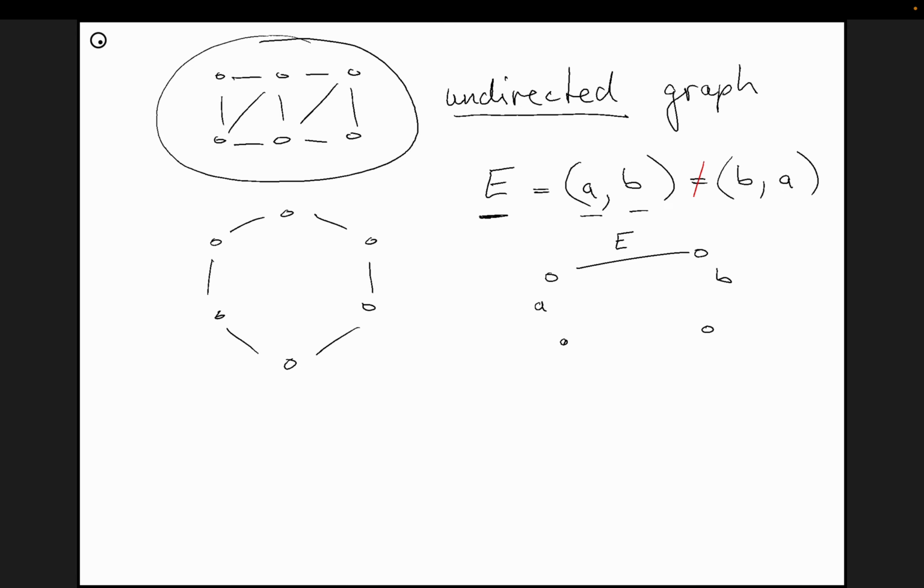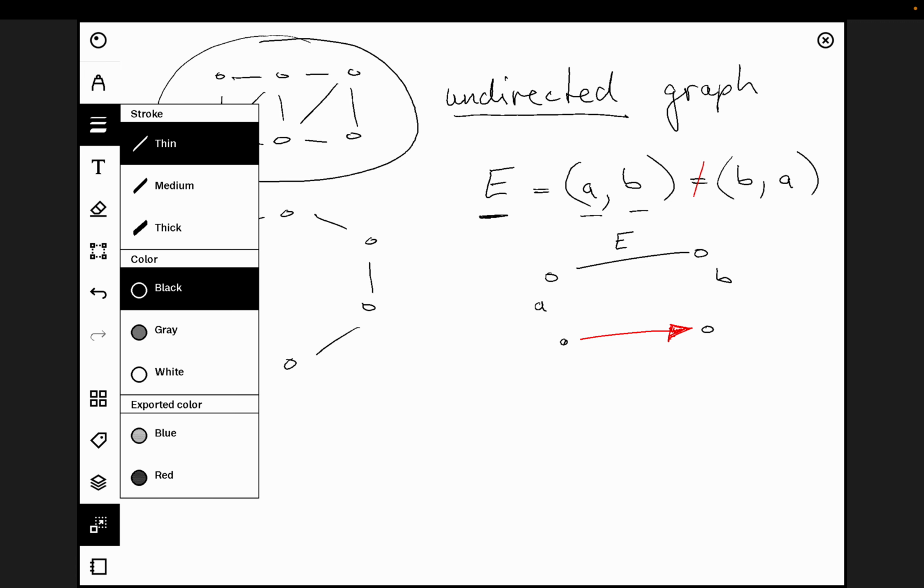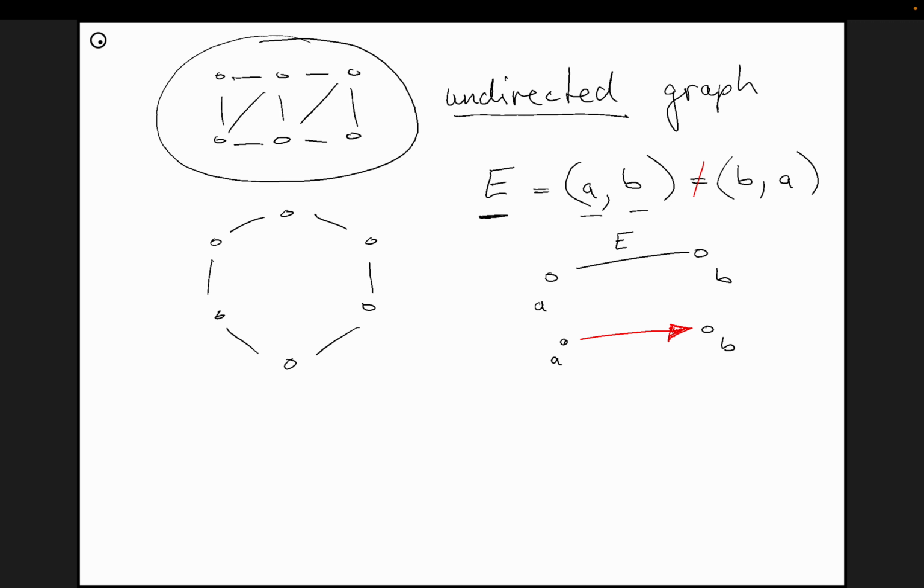If this right here is not the case, so AB is not the same as BA, we say that this edge has a direction, and we point that direction out with an arrowhead here, like this. So this should also be A, and this is B. And BA is just the other way around, like that.